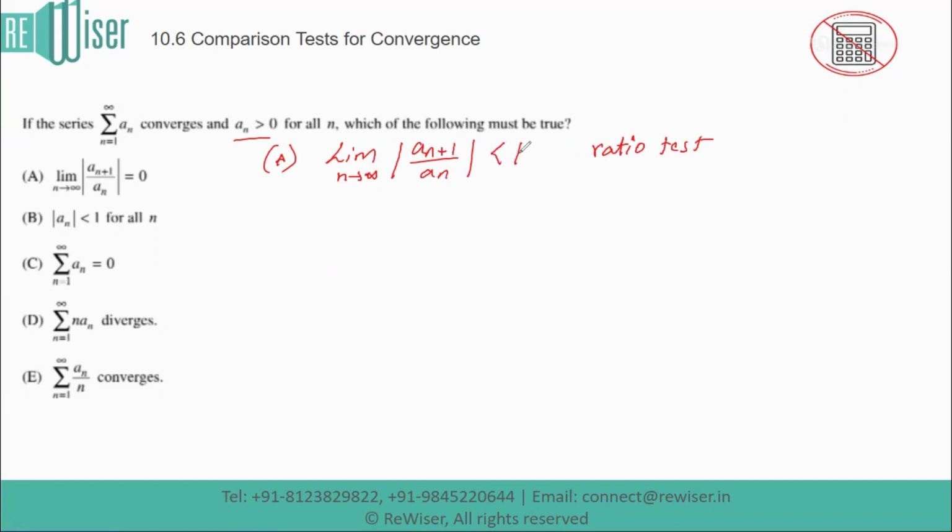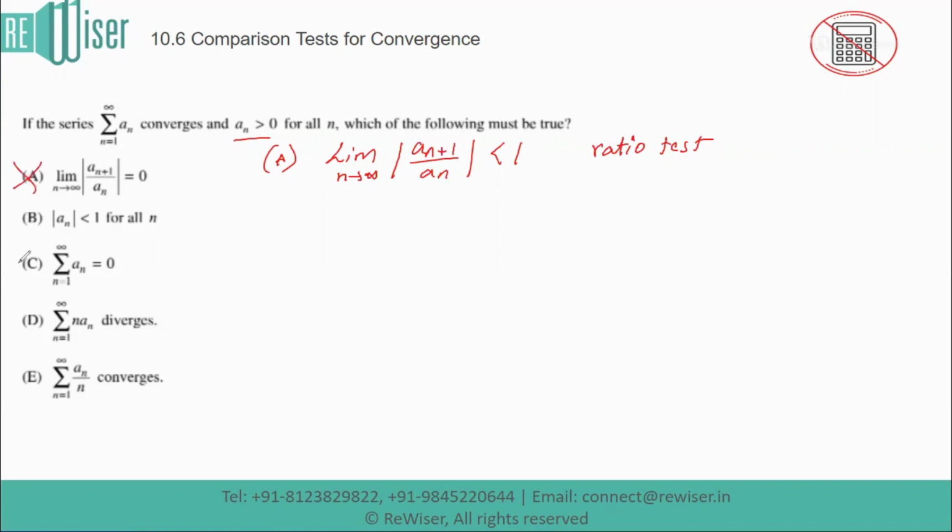So it is not necessary that it has to be 0. It can also be 1/2 or 0.5, or it can also be 0.1. Still we say it would converge. It is not like it must be equal to 0. So that's why it's not option A.